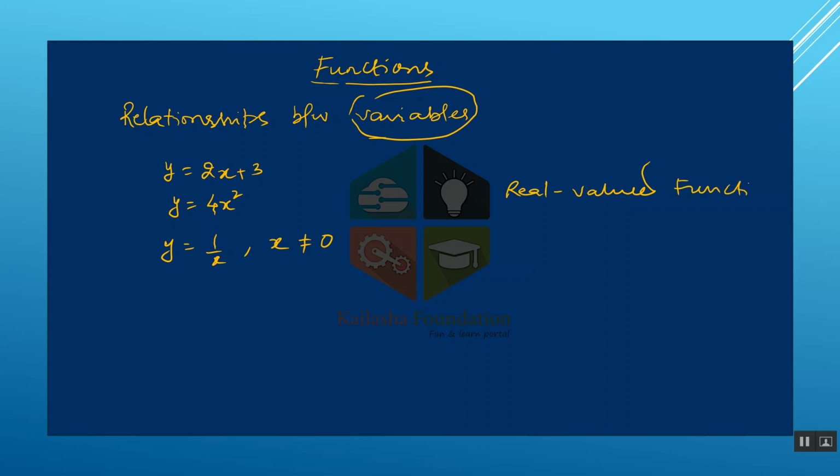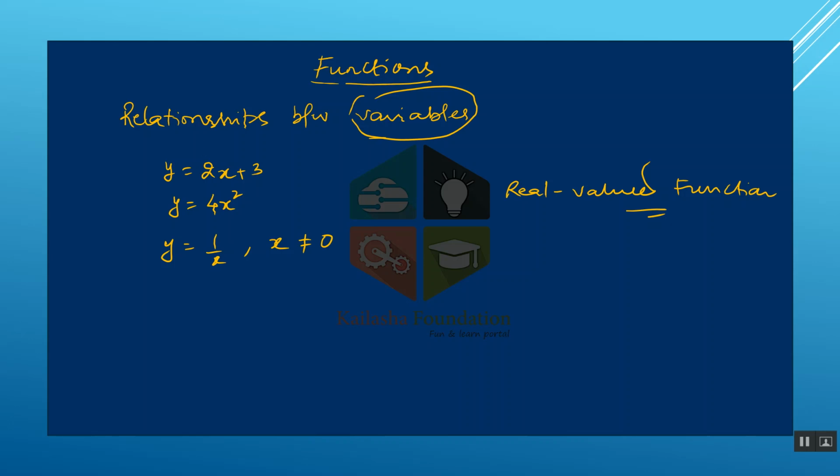That means input and output both are real numbers only, no imaginary number, no matrices, no vectors, only numbers: rational numbers, irrational numbers, integers, fractions, decimals, prime, composite, natural, whole, everything but real numbers. So our entire syllabus will be focused on real valued functions, that input and output both will be real numbers only. That means all kinds of numbers that are not imaginary, all kinds of numbers that we know so far.